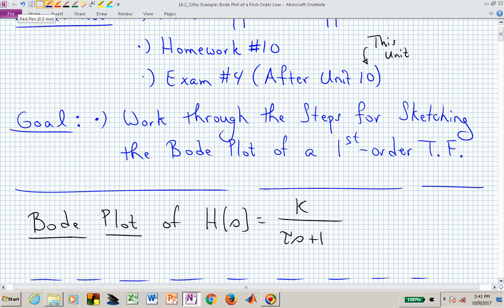And I should start by saying that this particular transfer function has been already placed into a standard form. This is our time constant form, which means that we've factored the denominator such that this constant coefficient has been normalized to 1.